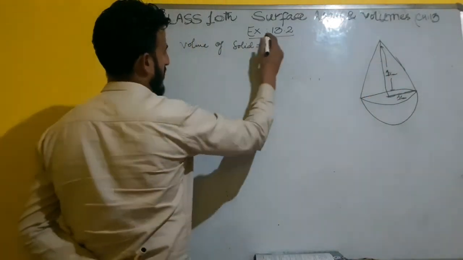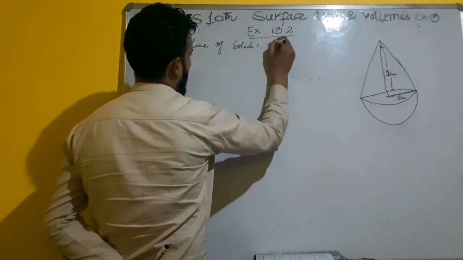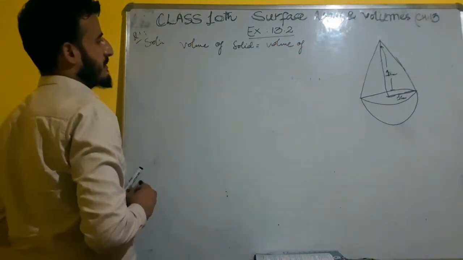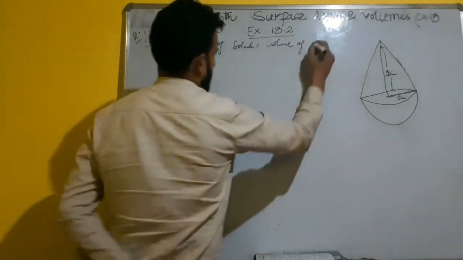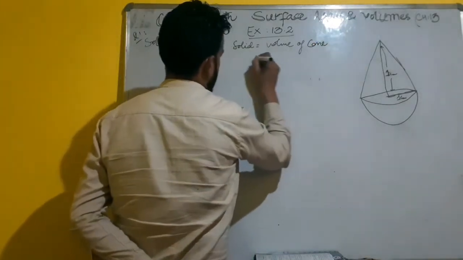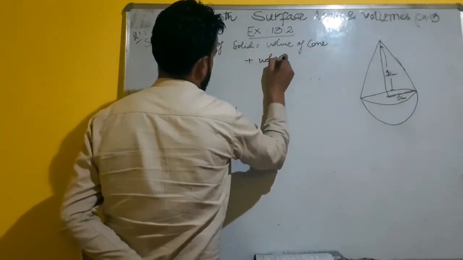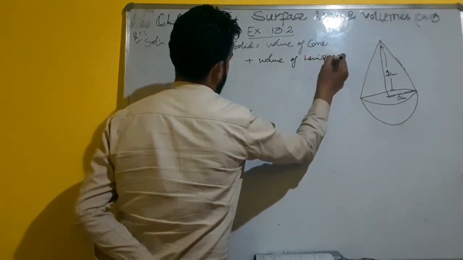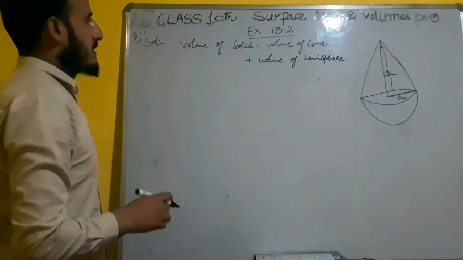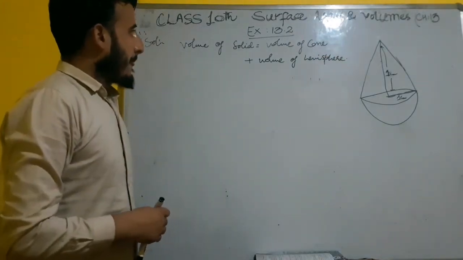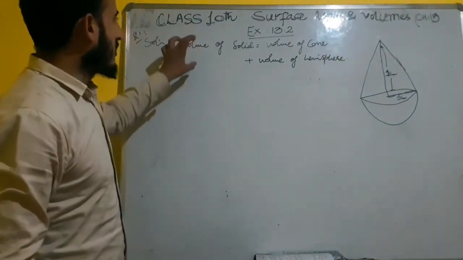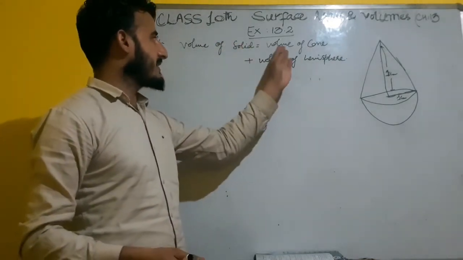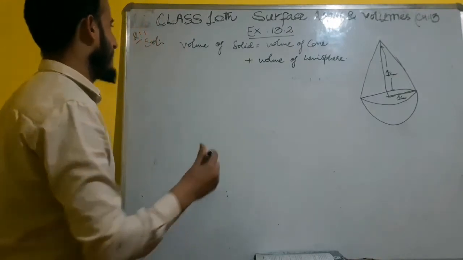So the volume of the solid will be the volume of the cone plus the volume of the hemisphere. As we need to find the volume of the whole solid, that is equal to the volume of the cone plus the volume of the hemisphere.